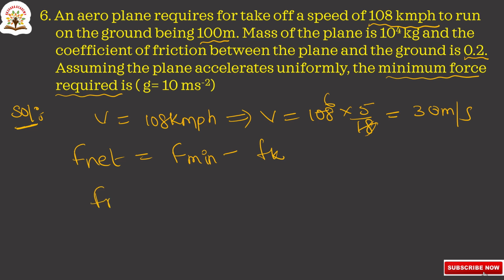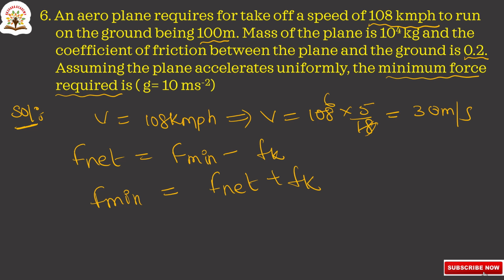So F minimum is equal to F net plus Fk, since Fk going to the other side becomes plus.